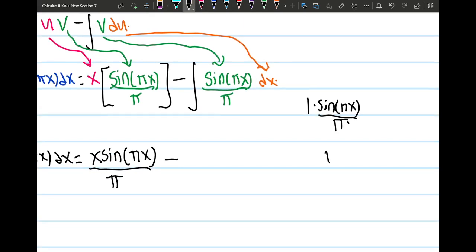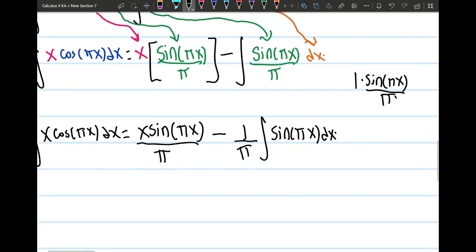I can literally say this as 1 over pi times sine of pi x. So I'm going to write it that way. Okay, I'm going to take out that constant. So 1 over pi integral of sine of pi x dx.